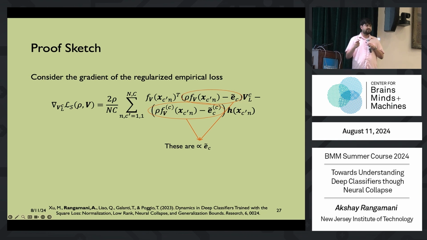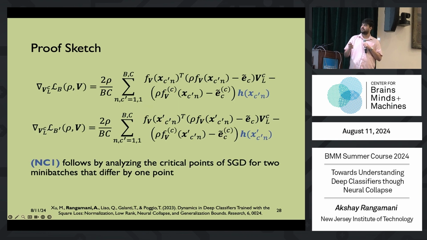For the first condition, you need to consider two different batches of stochastic gradient descent. You have two batches which are exactly the same except for one sample, and you can show that since we're assuming you've hit full convergence, both of these gradients need to be equal to each other and equal to 0, and that's how you can show that these features are equal to each other.